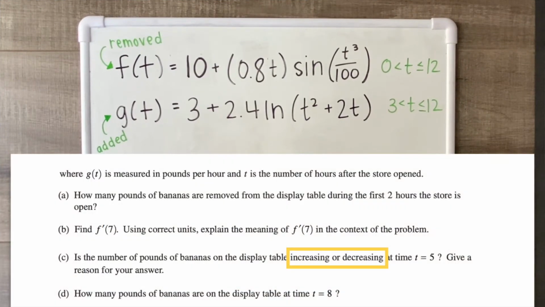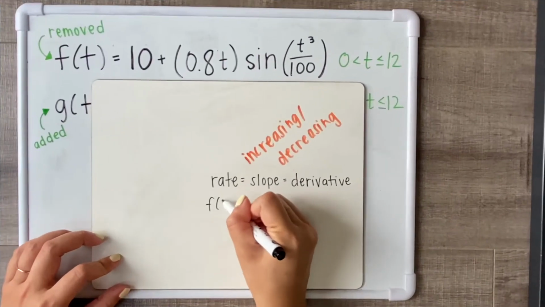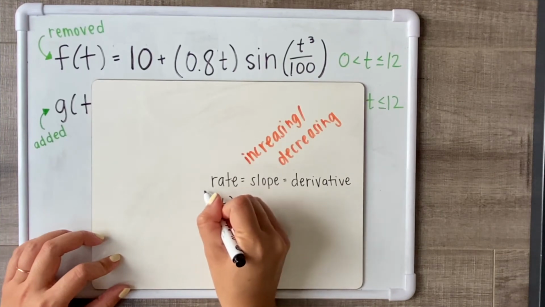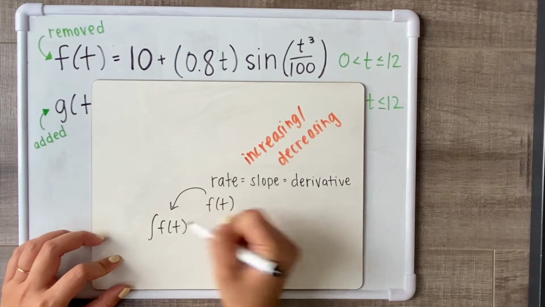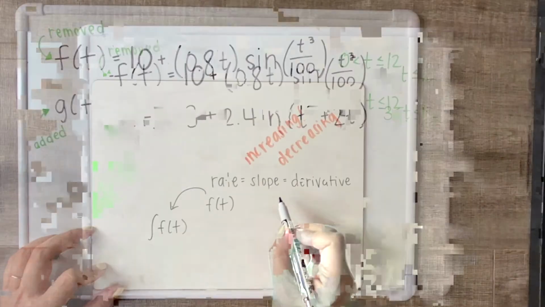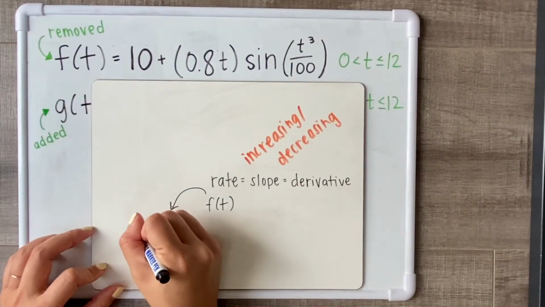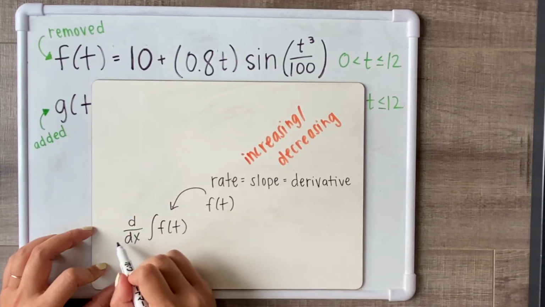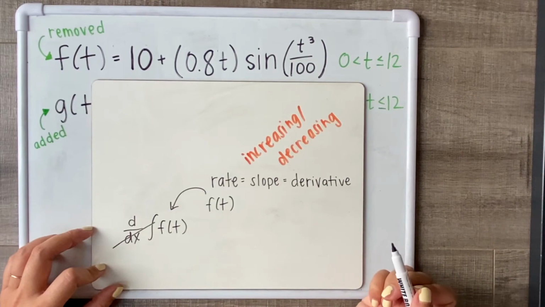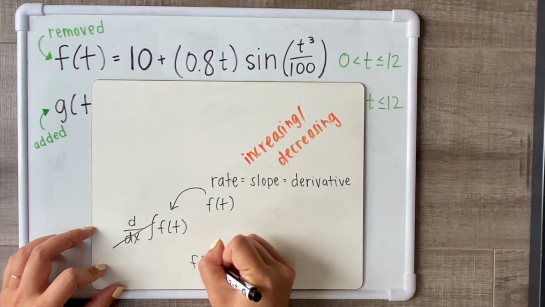Now, part C ties into the concept of part A and B. Is the number of pounds of bananas increasing or decreasing at t equals 5? We figured out that in order to get the pounds of bananas, that was like getting the integral of f. But to figure out if the pounds of bananas is increasing or decreasing, we're getting the slope or the derivative of that, which kind of cancels out, and we end up just using f.